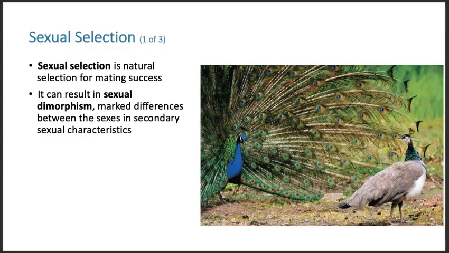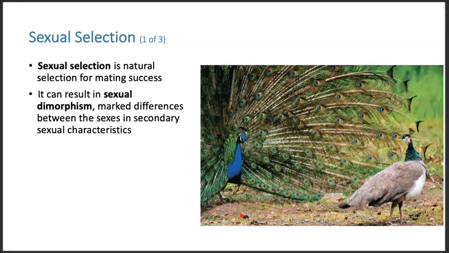Sexual selection can result in something called sexual dimorphism. And di means two and morph means appearance. So sexual dimorphism means that you have differences between males and females of a species.